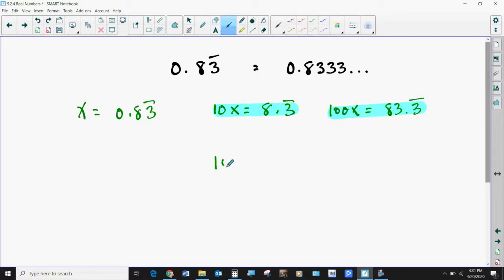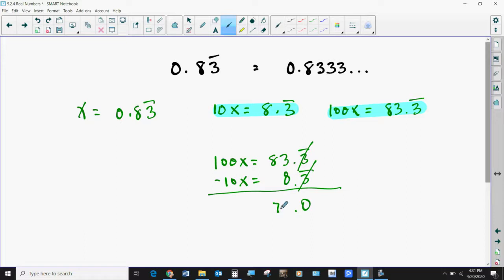So we're going to take 100x, which I know to be equal to 83.3 repeated, and then subtract away 10x, which is 8.3 repeated. And what we get as a result is these guys cancel out, giving me my 0, but 83 minus 8 is 75. And 100 minus 10 is 90.